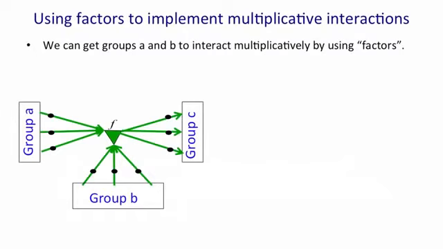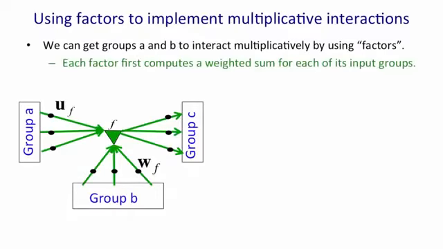So here's how we're going to do it. We're going to have things called factors, and they're going to be denoted by this little triangle with an F above it. What that factor means is that Group A and Group B interact multiplicatively to provide input to Group C. So what each factor does is it first computes a weighted sum for each of its two input groups.